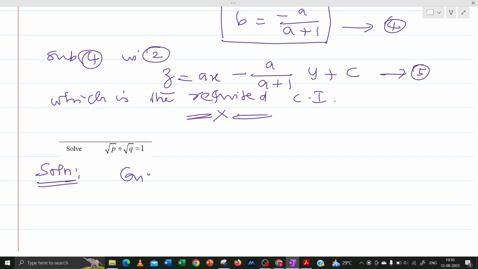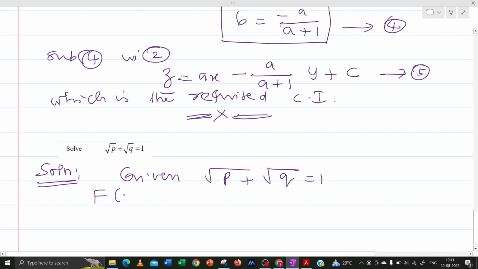What is given here? Given is root p plus root q equal to 1. See this equation, you can see it contains only p and q. Therefore, the equation is of the form f of p comma q equal to 0, which is the standard type 1.